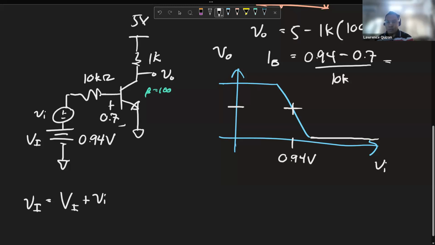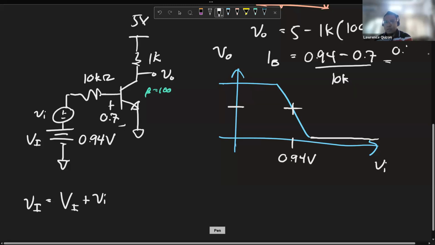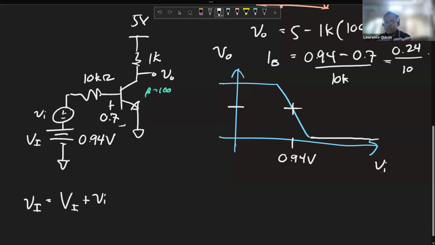Yes, 24. But it's actually 0.24 over 10K, which would be 0.0024K.